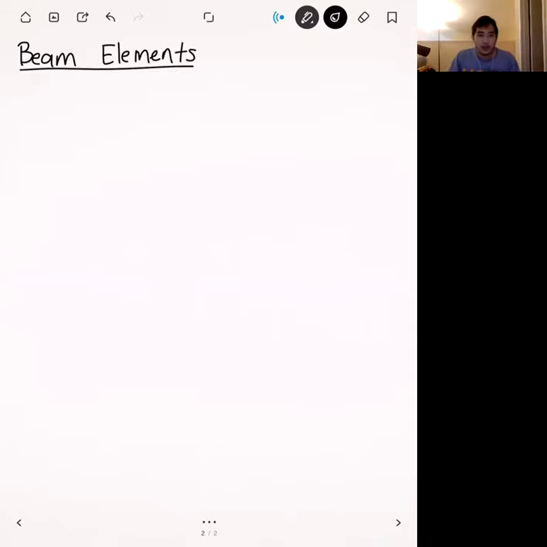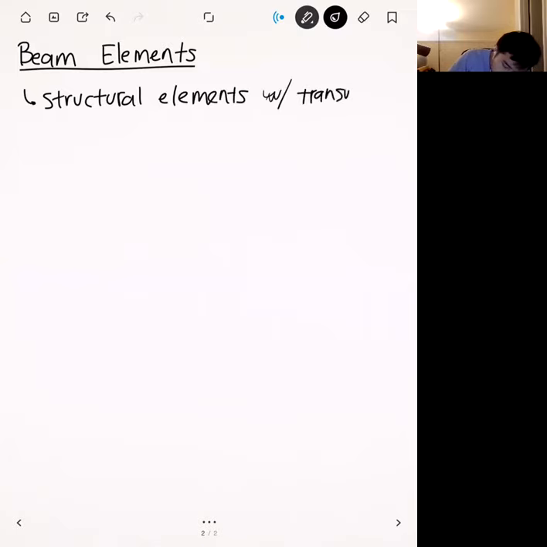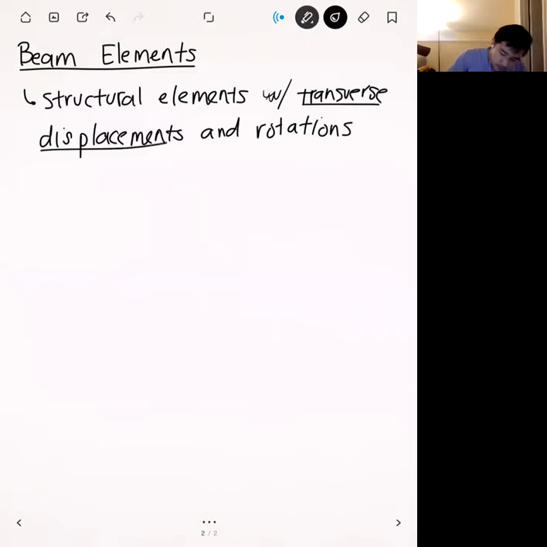And so beam equations and beam elements have to do with structural elements that have transverse displacements and rotations. And so we have basically two modes of deformation here.